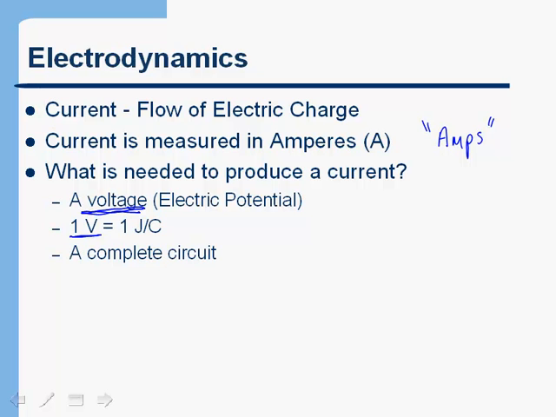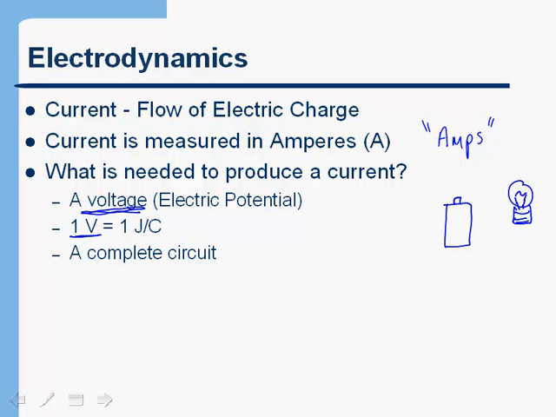Now the other thing besides a source of energy or a voltage that we need to produce a current is we need a complete circuit. So for example, let's say I have a battery here. So I'm just drawing a typical battery, and here I have a light bulb. In order to get that light bulb to light, I need electricity to pass through the filament.